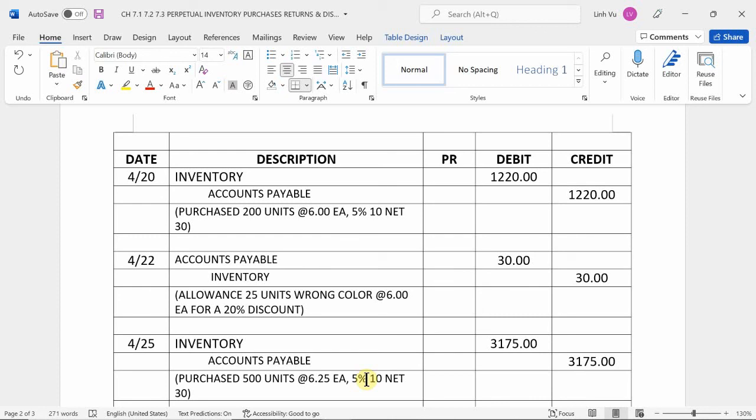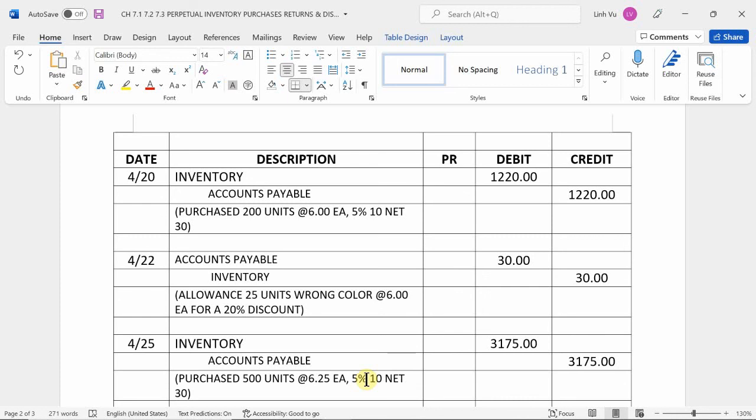No, we're not on that one. We're on the previous. Oh, so 25 times 6 times 20%. We're not on that one either. We're on the 5% discount. We already did the allowance. This is the discount, so that would be times 0.05.